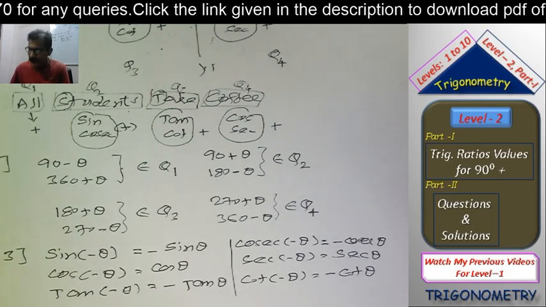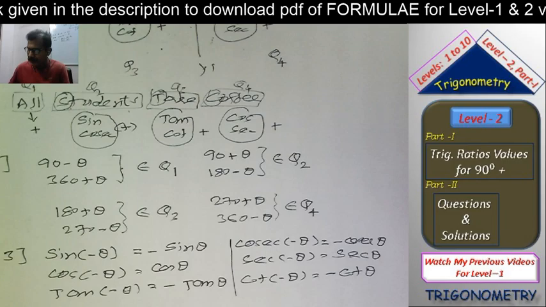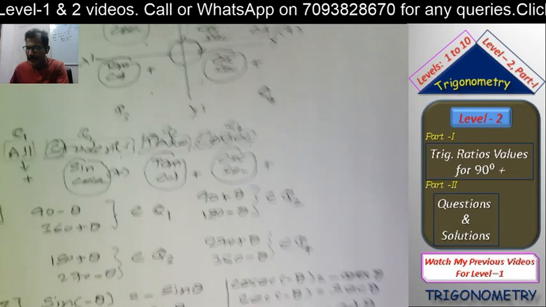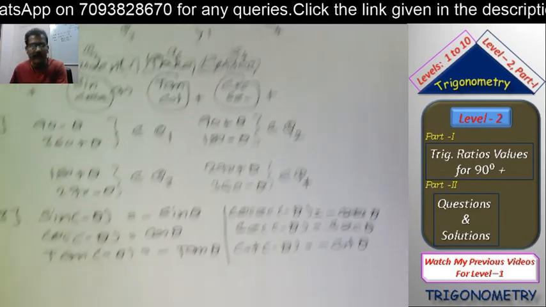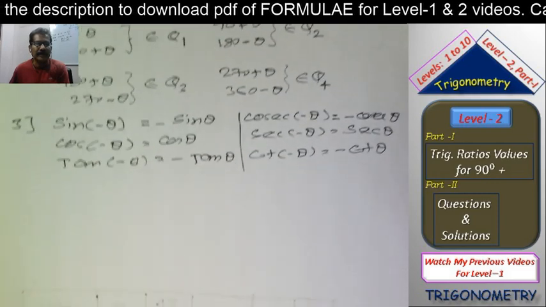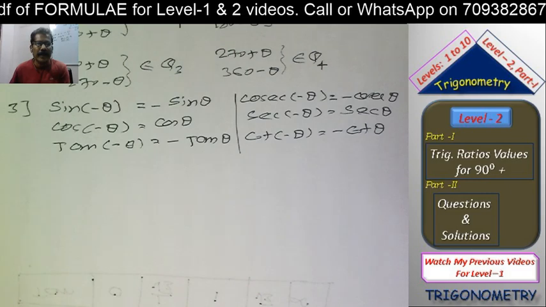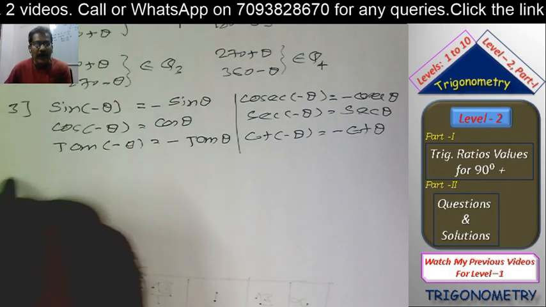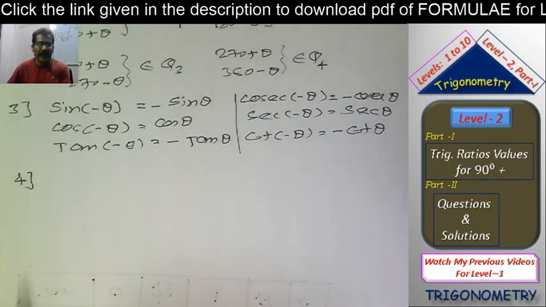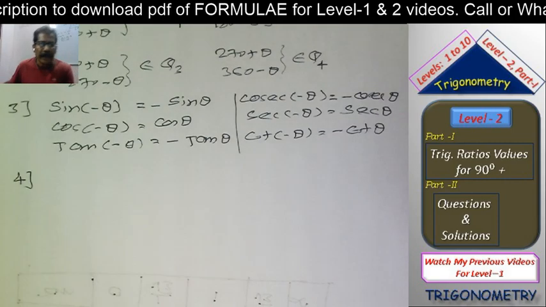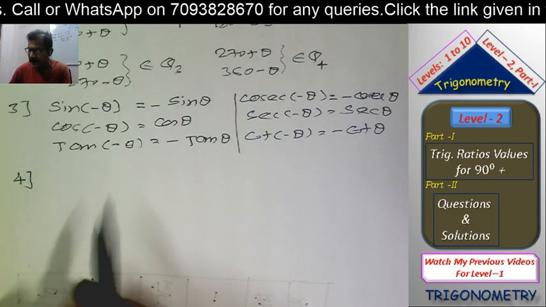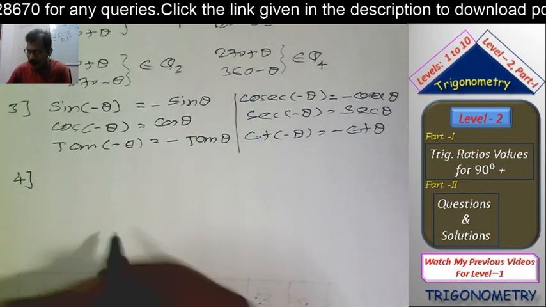And coming to point 4. In point 4, we talk about how the trigonometric values are going to change whenever the angle is above 90.